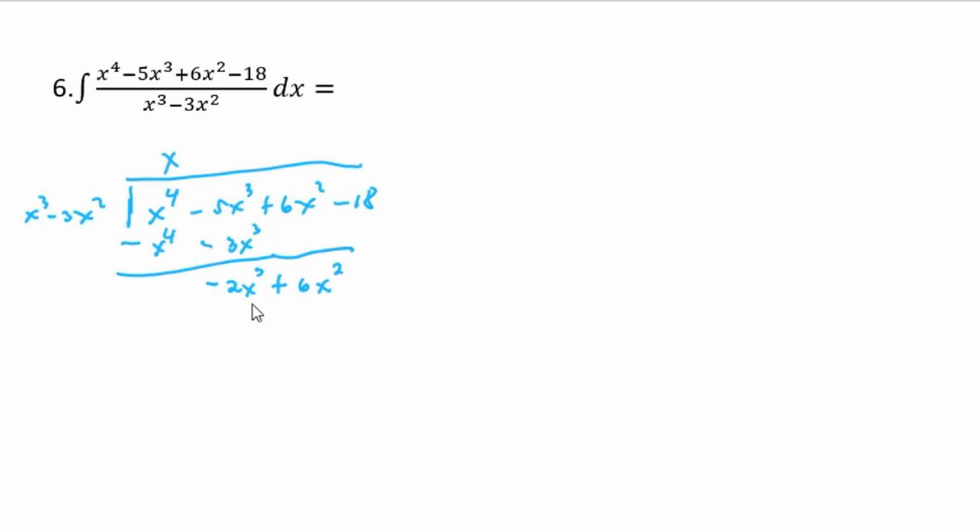So now let's divide again. Let's concentrate on the first term, negative 2x cubed divided by x cubed. We just have negative 2, and then multiply. Negative 2 times x cubed is negative 2x cubed. Negative 2 times negative 3x squared is positive 6x squared. Then subtract, so change the sign of the subtrahend.